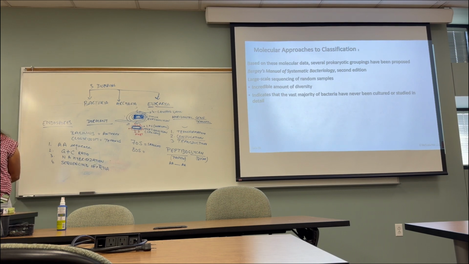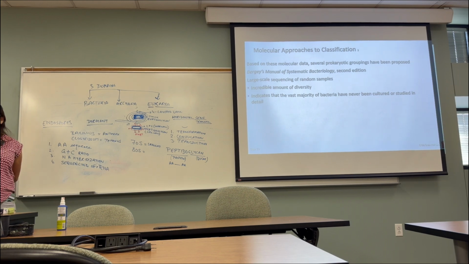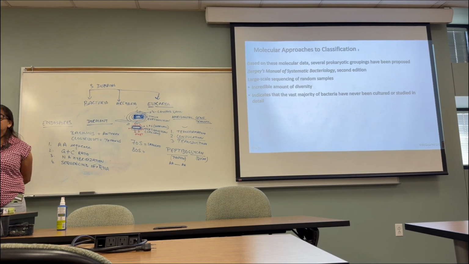And based on these molecular data, there are several groupings that have been proposed, and they are found in the Bergey's Manual of Systematic Bacteriology, second edition. The first edition was based on the morphological characteristics, right? But this second edition talks about large scale sequencing of the samples, and that has determined the incredible amount of diversity.